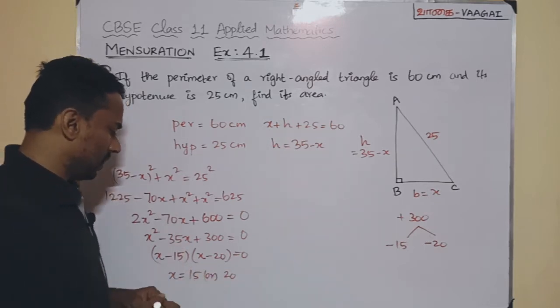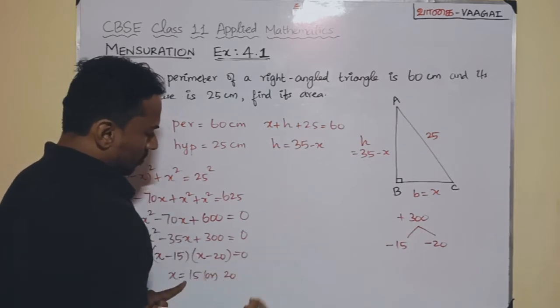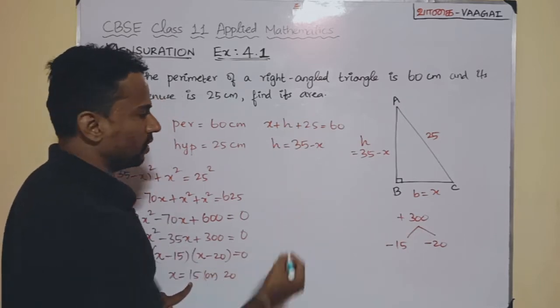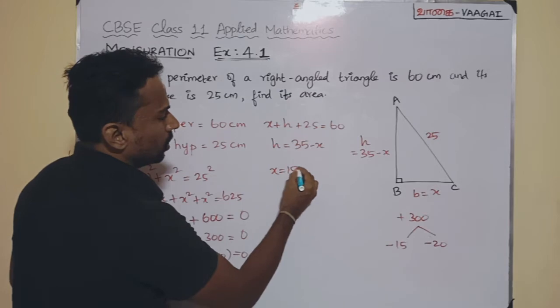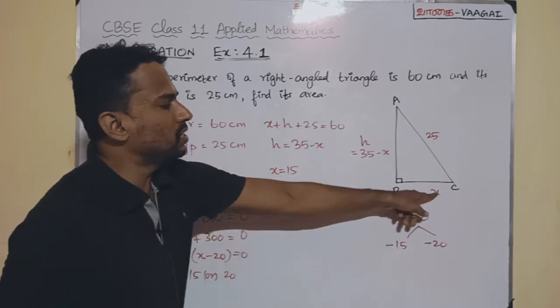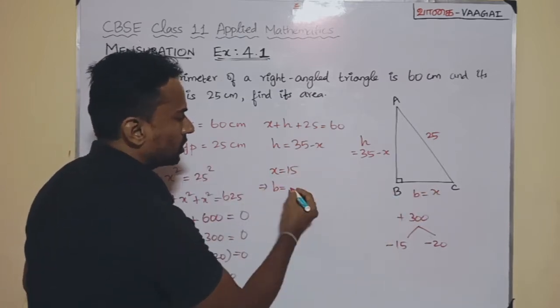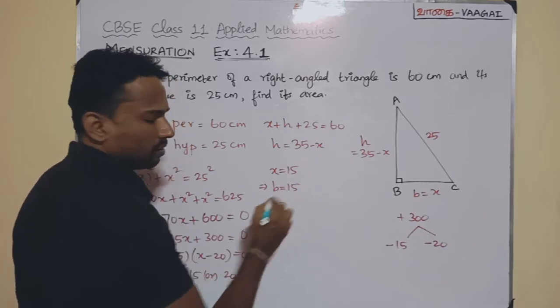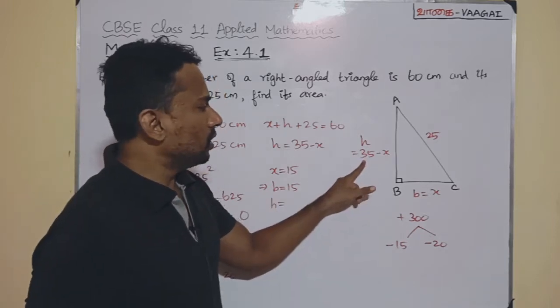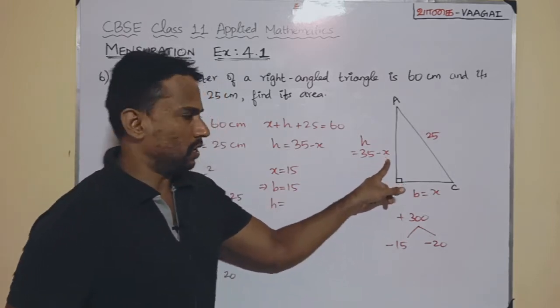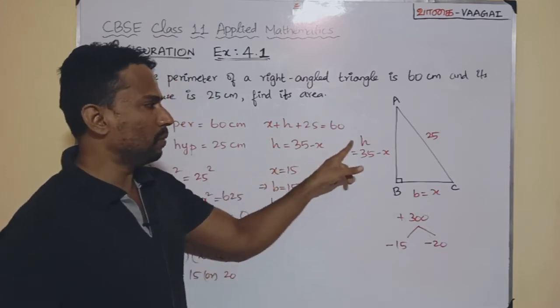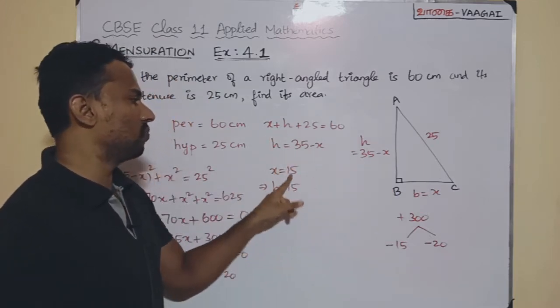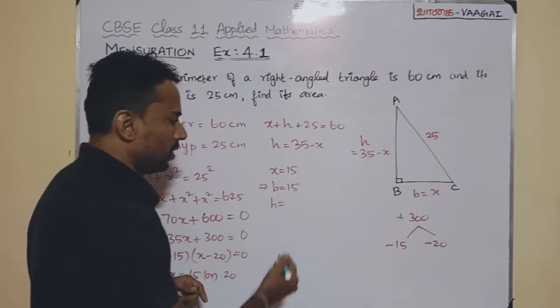Now one by one we will take. Now if x is 15, what is the meaning? This will imply base is 15, because base is x. And what about height? Height will be 35 minus x, because that is our assumption, right? That's what we got here. So height will be 35 minus 15, which will be 20.